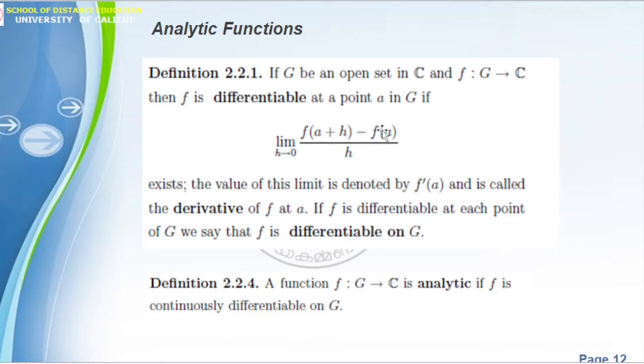If this limit exists, its value is denoted by f dash of a, and we call it the derivative of f at the point a.